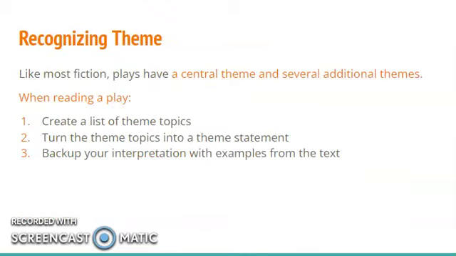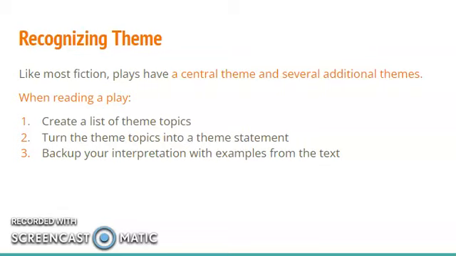And then also, it's extremely important that you pay attention to theme, because all plays, like all works of literature, will have a theme. This is a central theme or life lesson that we learn from the play. There can also be multiple themes. So when reading a play, create a list of theme topics like love, death, and loyalty, and then turn those theme topics into a theme statement.